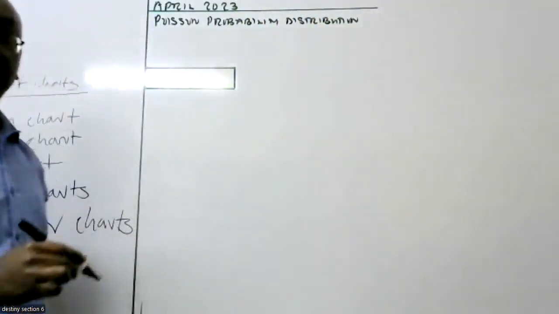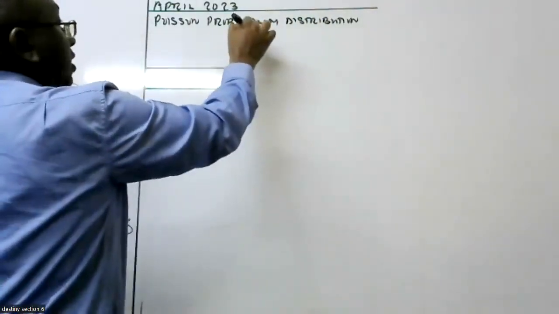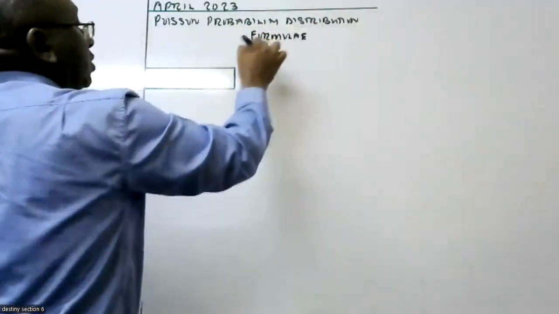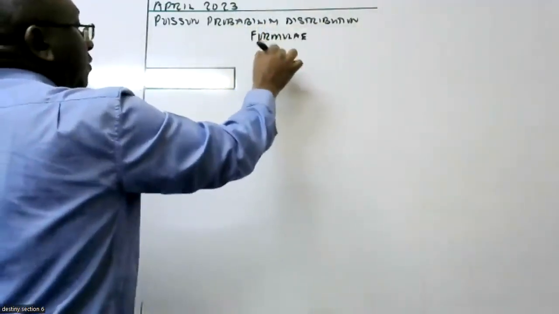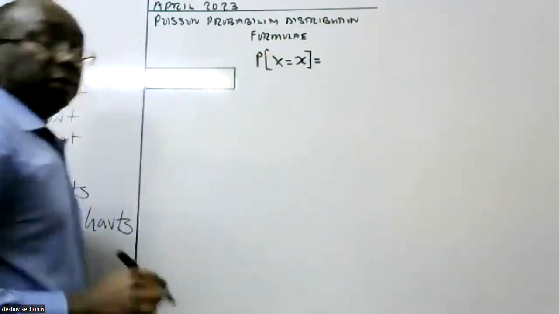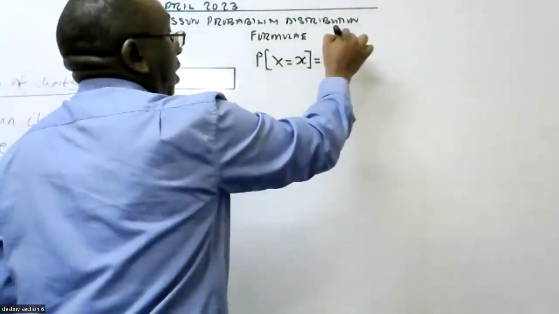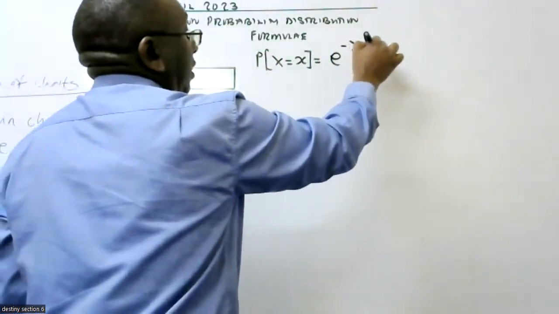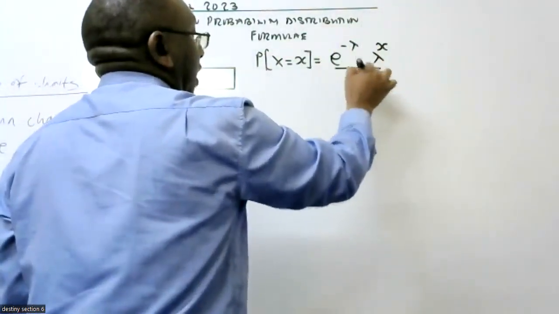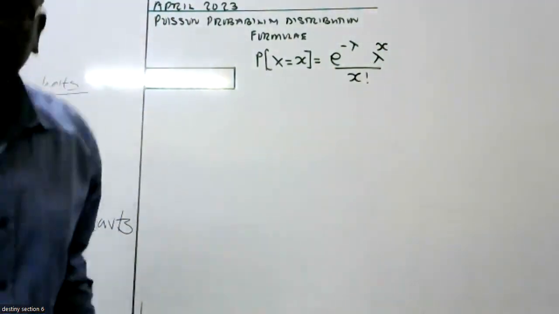And in Poisson probability distribution, you know very well that the formula that we use is that probability of X capital equals X small is given as e raised to power minus lambda, then lambda raised to power X, and then X factorial.